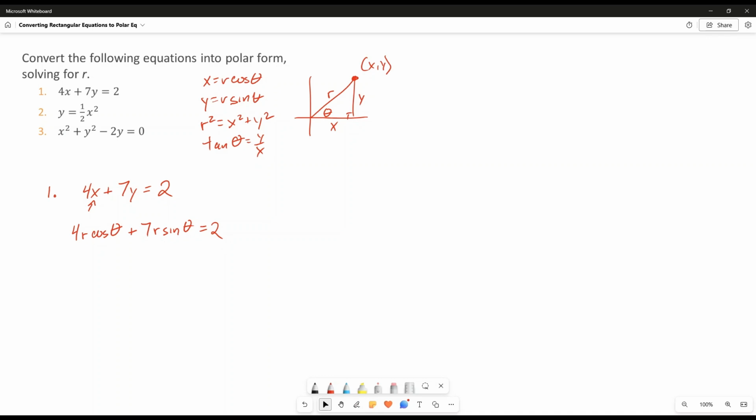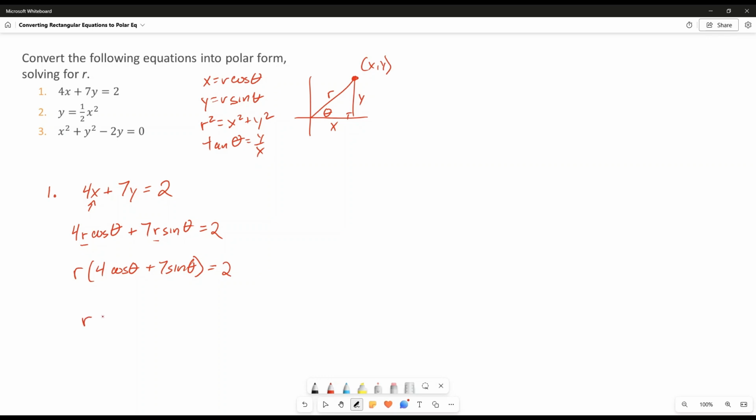So to do that, notice that both of our terms have an r in them, so we could factor that out. So we're going to have r times the quantity 4 cosine theta plus 7 sine theta, and that is equal to 2. And then to isolate the r, we can just divide that whole quantity inside of parentheses over.